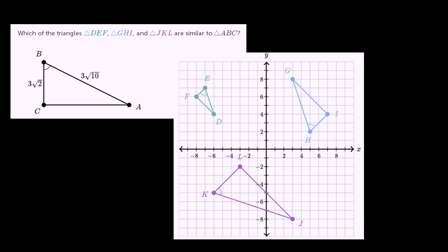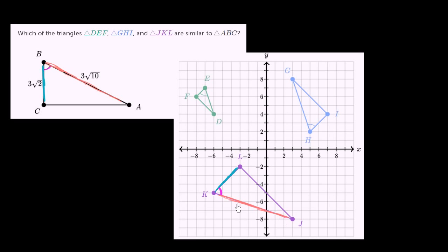So for example, if we say that this angle corresponds to this angle, and they've already marked that they're congruent, that's a pretty good starting point. And if we could show that the ratio between BC and side KL is the same as the ratio between BA and KJ, then we can say that these two are similar triangles.